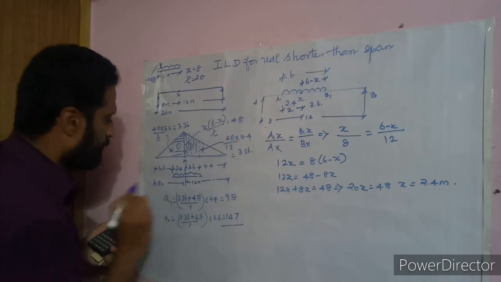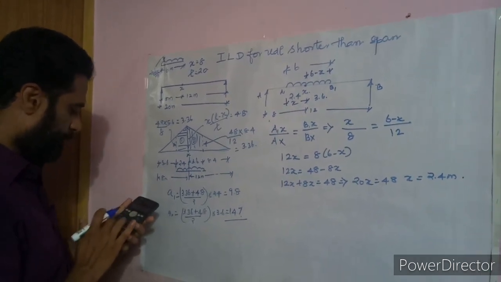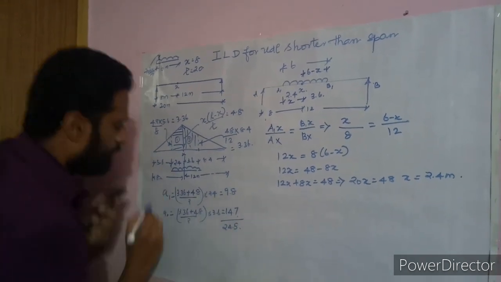So A1 plus A2 is the total area. So 14.7 plus 9.8, which is 24.5. So that is the area.